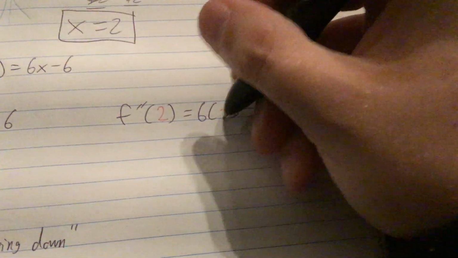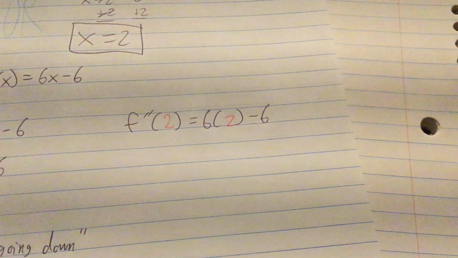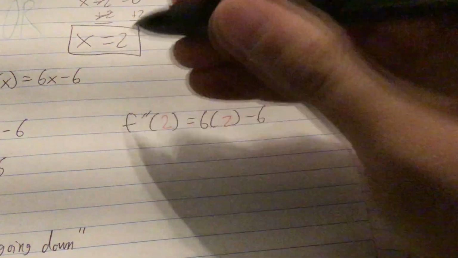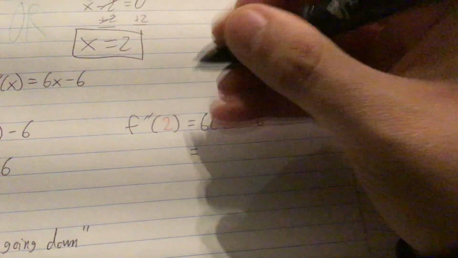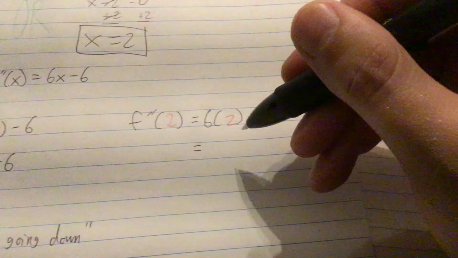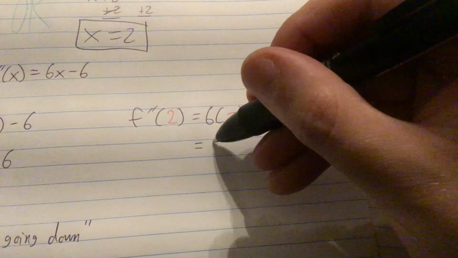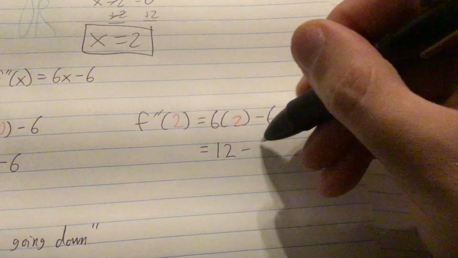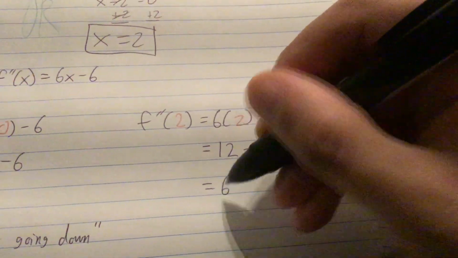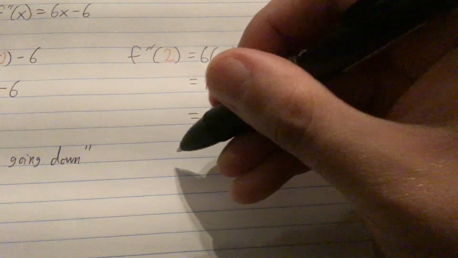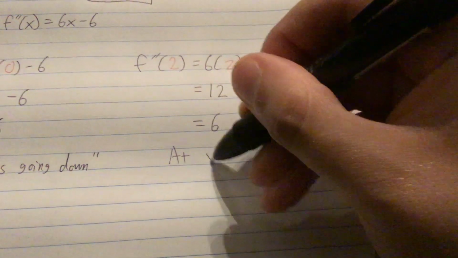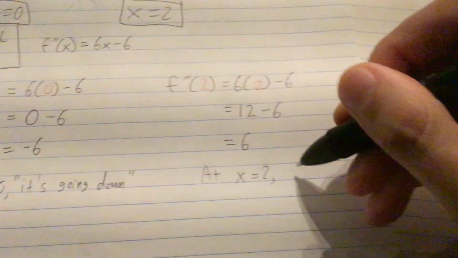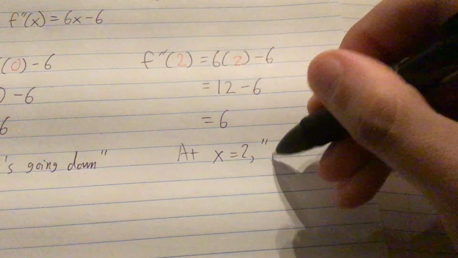All right, so then f double prime of 2, we're trying to figure out what the acceleration is at x equals 2, our other critical point. So even though the velocity is 0, it still has acceleration. 6 times 2 is 12, minus 6, that'd be positive 6. So what that tells me is that at x equals 2, it's going up.